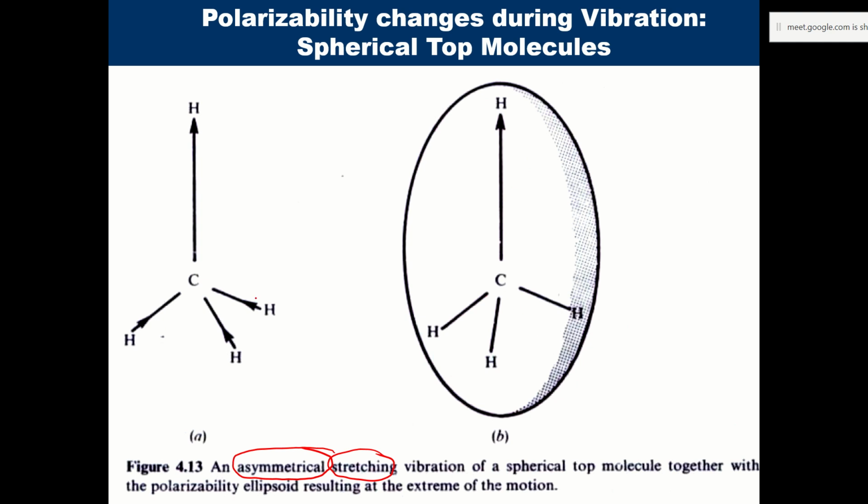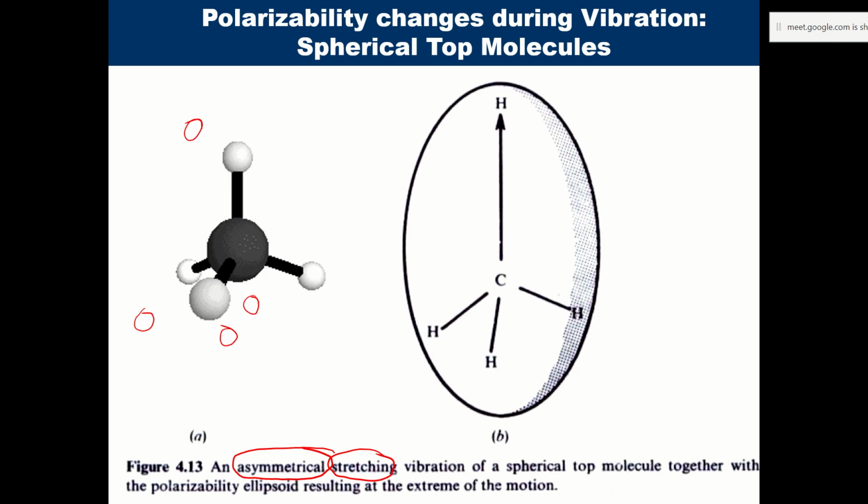Look at the arrows: these three arrows are going inward, and this arrow is moving away from carbon. So this is the asymmetric stretching vibration, and this is how we draw the polarizability ellipsoid for it.